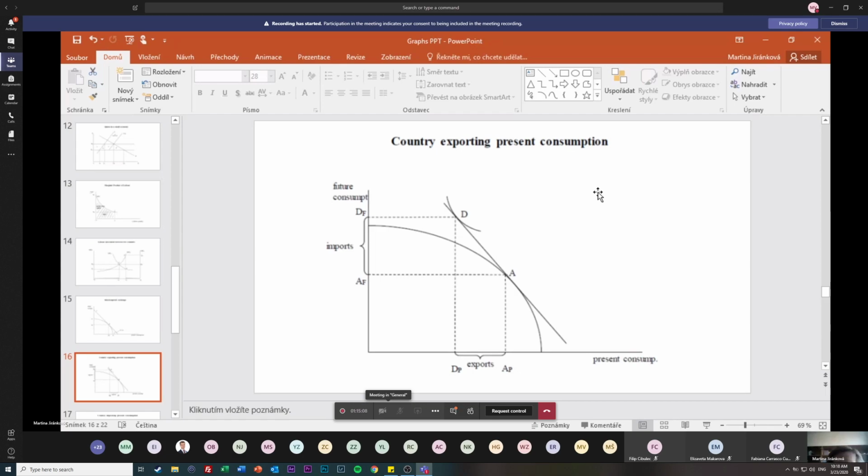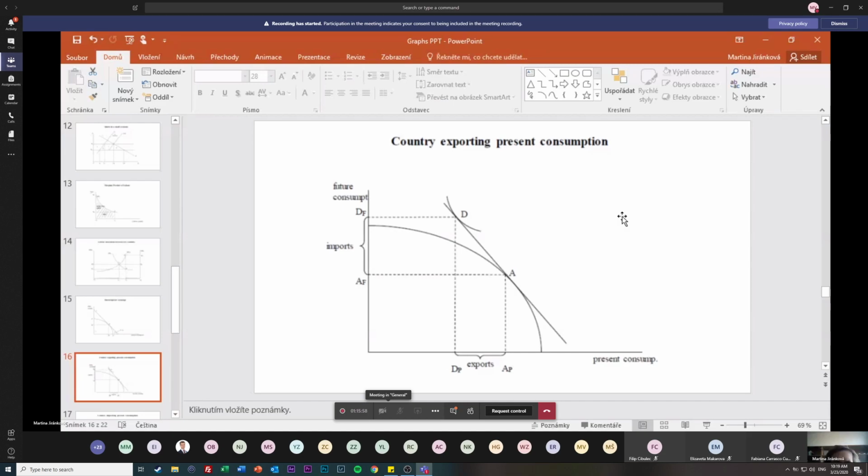You can see it's different from what possibilities the country has. The point is even behind the PPF. So again, you can see, this is the demand for present and future consumption.